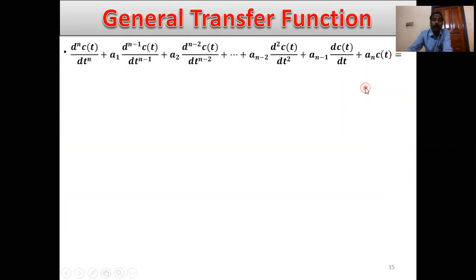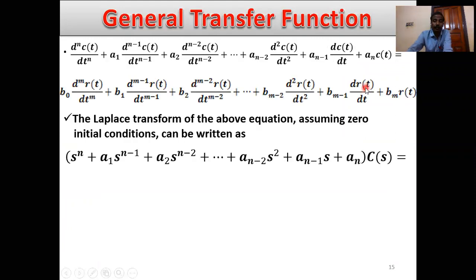Then taking the Laplace transform on both sides, with zero initial conditions assumed, we get this for the first equation. The Laplace transform of c(t) is C(s). Again, a_n, and d/dt equals s.